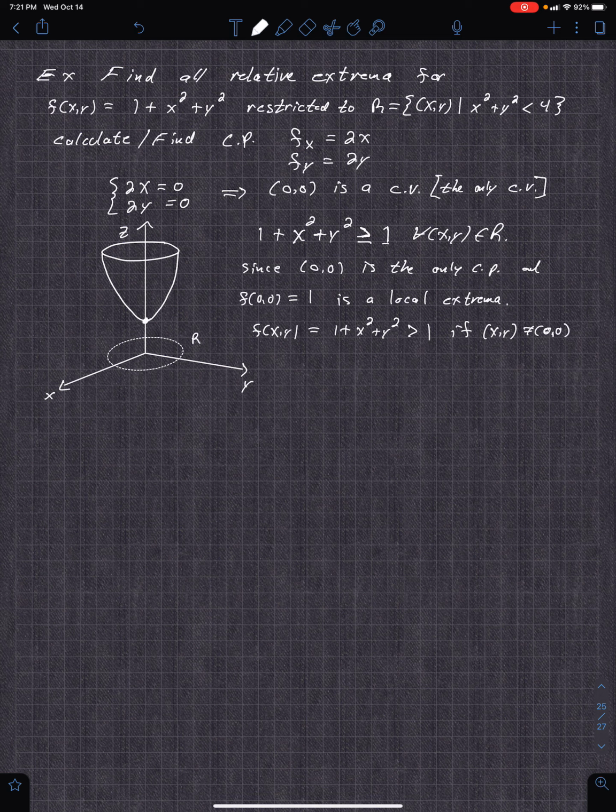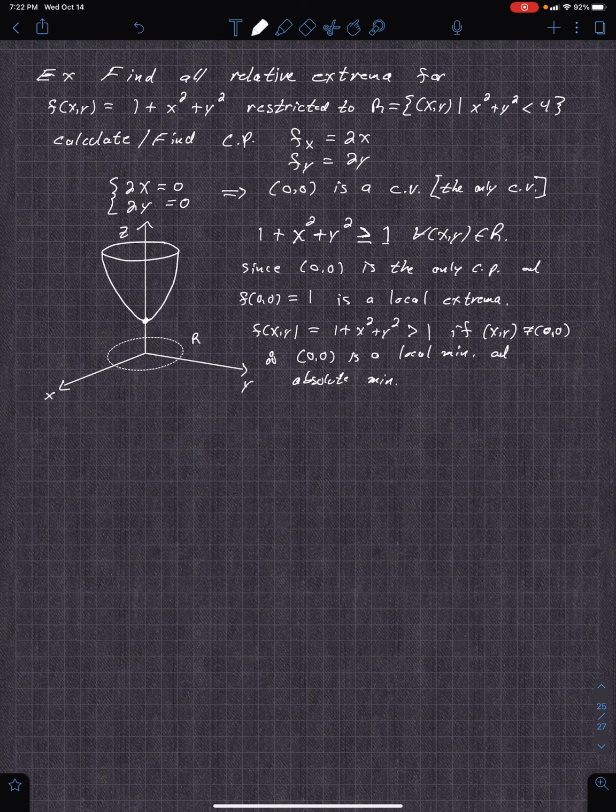Same thing as above. So therefore, 0, 0 is a local minimum. It's the smallest value. And it's actually the absolute minimum on the region, for any value of R.